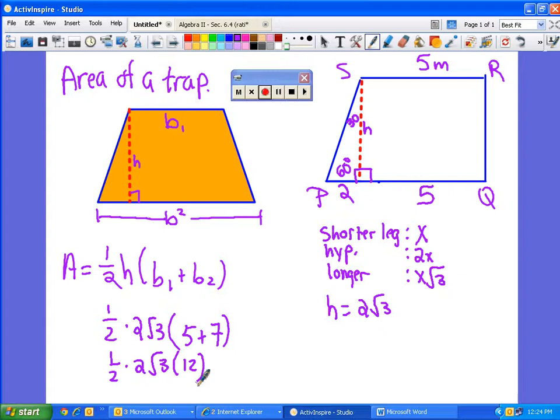Imani, what would you do next to solve this problem? What would you multiply?